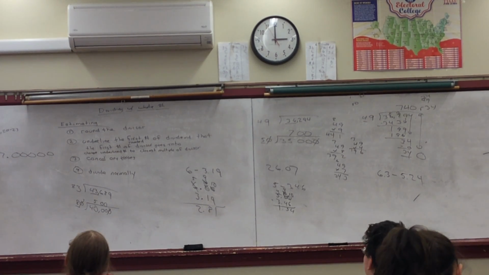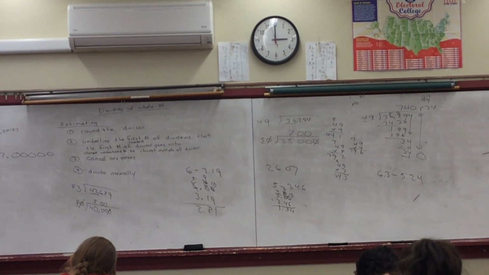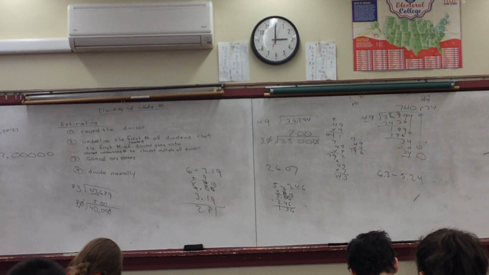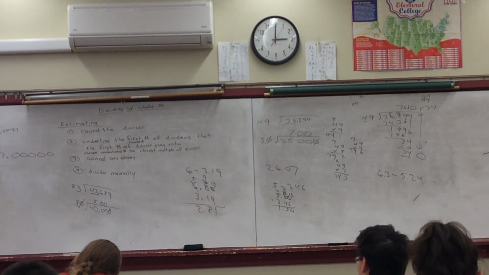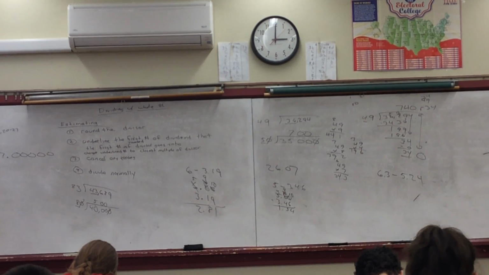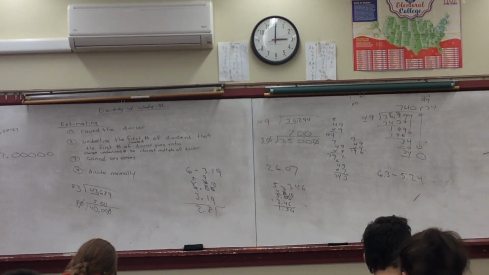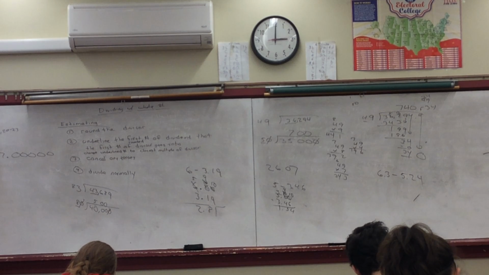And then on workbook 66, you're going to do 3 through 24 multiples of 3.